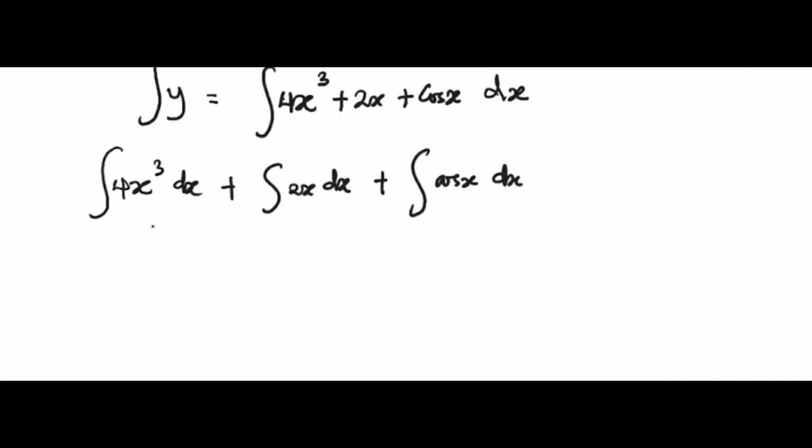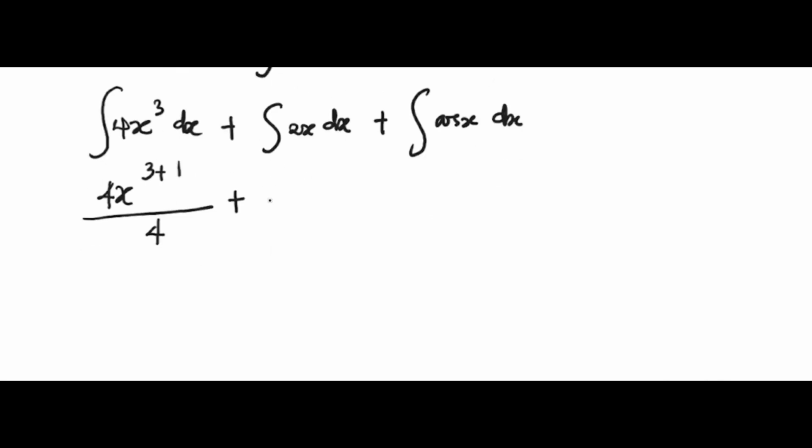So now if you integrate 4x cubed, that's add 1 to the power over 4, right? Plus there's a constant, but since it's one question that was split, instead of adding constant, let's just leave the constant and bring it in at the end of the day. Do you get it? All right.